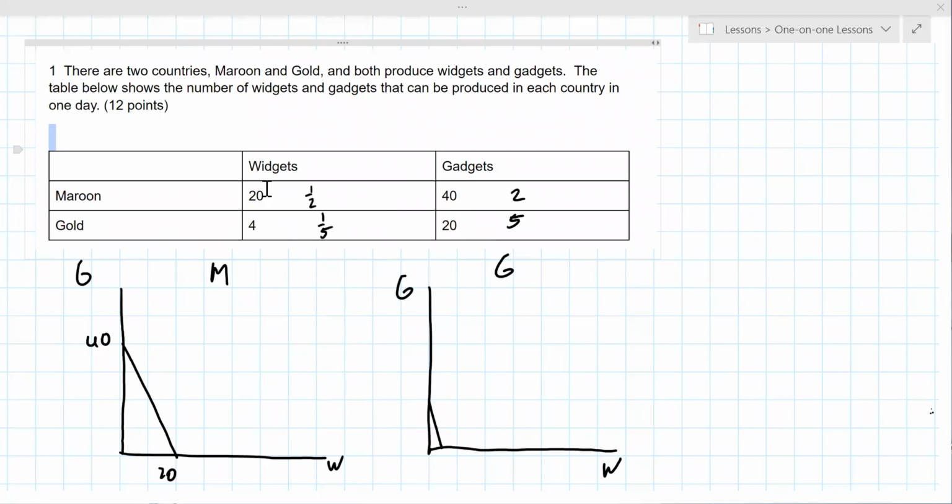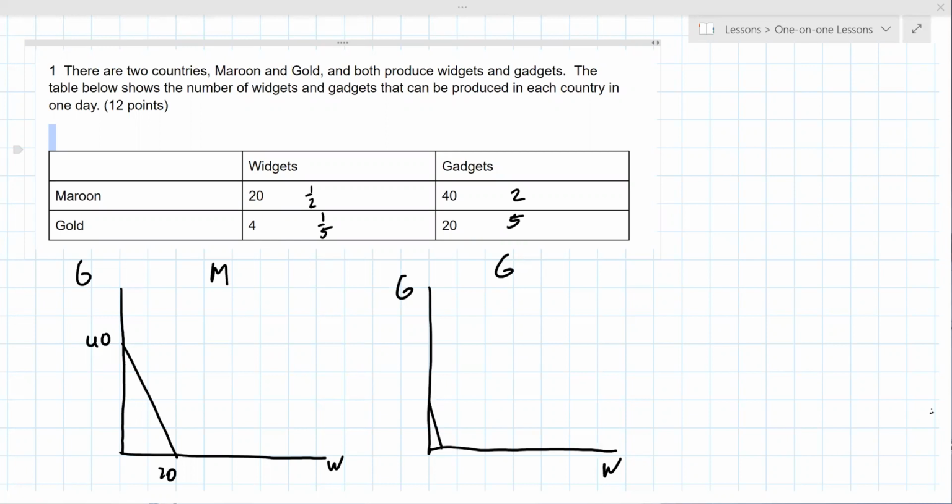And maroon, relatively, it's only double versus 5, so they're going to make widgets, because their opportunity cost is lower.